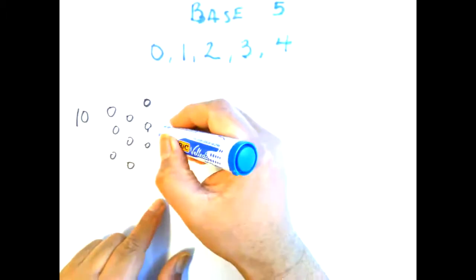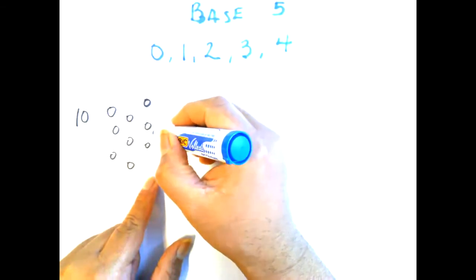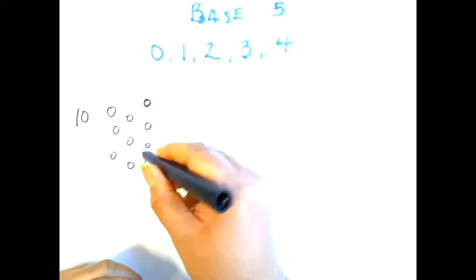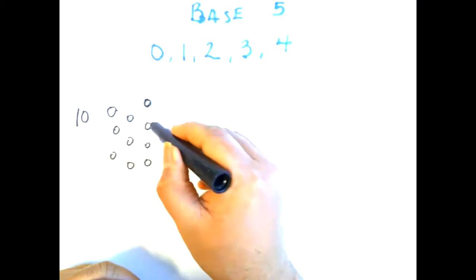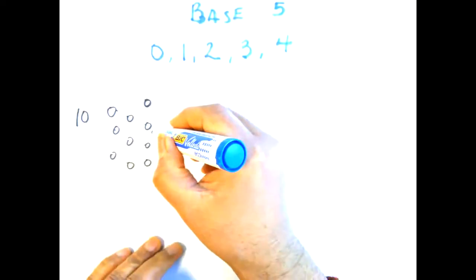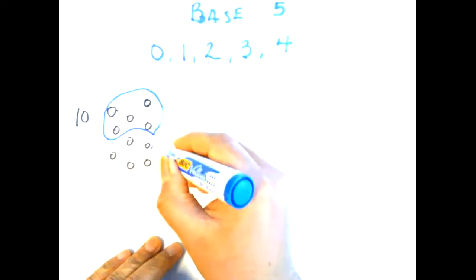So let's see how many 5s we have. This is 10. So 1, 2, 3, 4, 5, 6, 7, 8, 9, 10. Essentially, here we have grouping it by 5. That's one group of 5.